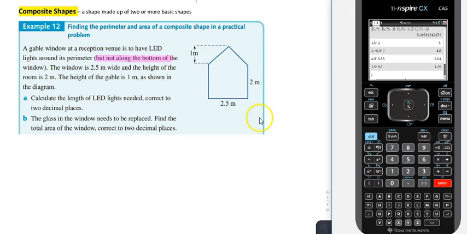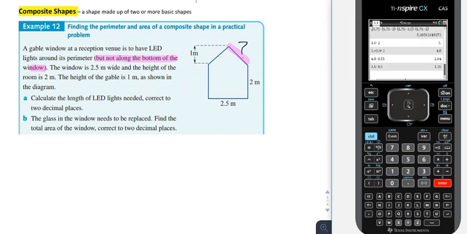And this is all shown in the diagram. So the only part that's important as far as information goes in that first paragraph is 'not along the bottom of the window', because everything else exists in that diagram.